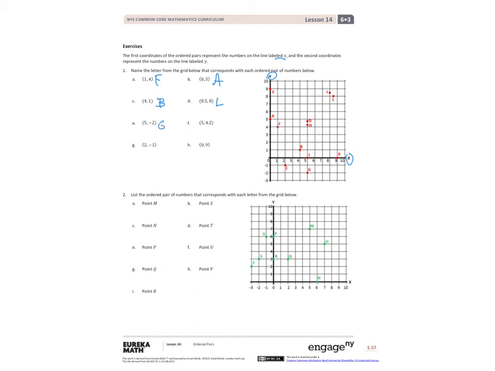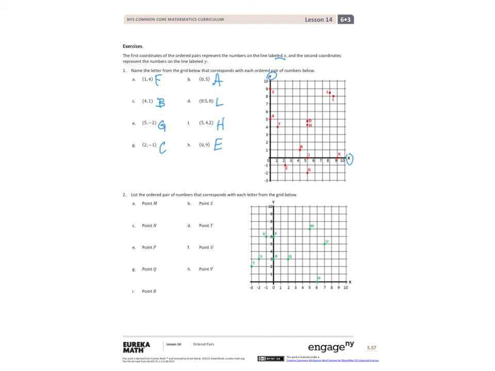Look at that, I'm at G, that's fun. How about over 5, up 4 and 2/10, I'm going to be at H. How about over 2, down 1 is C, and then 0, and I go all the way up to 9, and I am at E. Okay, that was fun. That was getting us warmed up. And all of those are point A, point L, point H, but I just wrote the corresponding letter.